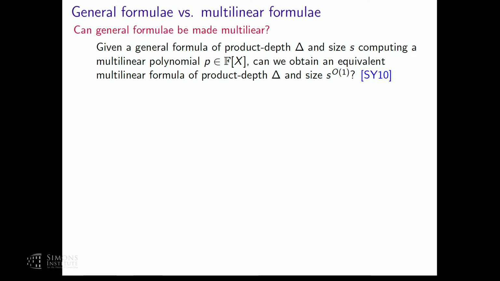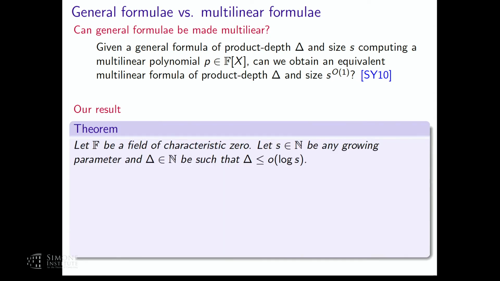This question was posed in the survey of Shpilka and Yehudayoff, and we give an answer to this, which is, as we are in the lower bound workshop, the answer is no. So here is the exact statement. Unfortunately, this result depends on characteristic zero fields because what I use inside it depends on characteristic zero fields.